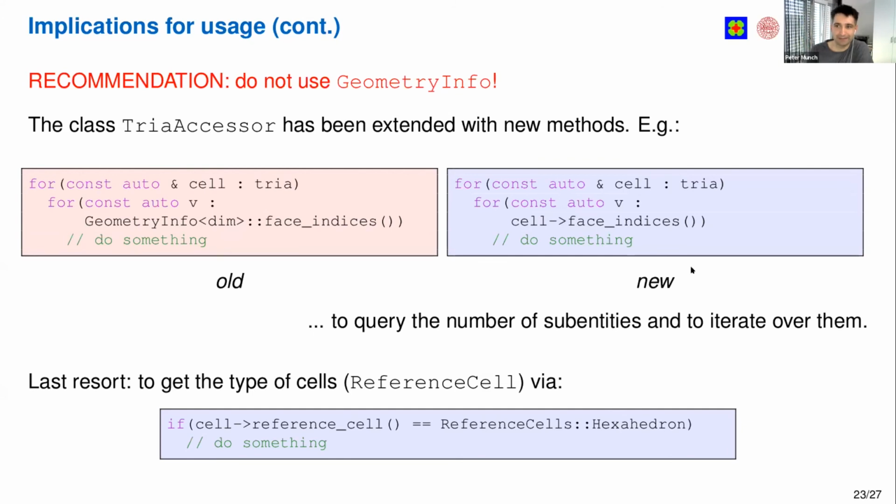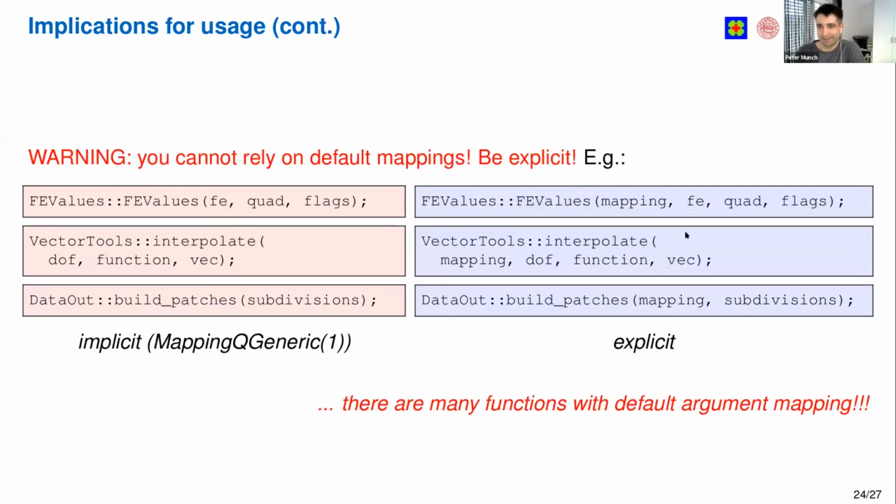For example, you can query cell accessor information like the number of faces or number of indices, like shown here. Also, I would like to repeat the point I made a couple of slides before: don't rely on the default mapping, and pass a mapping explicitly.